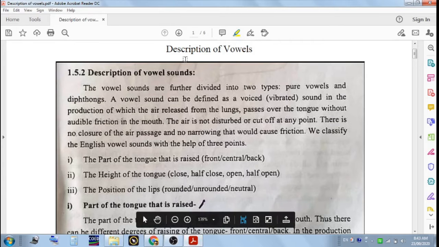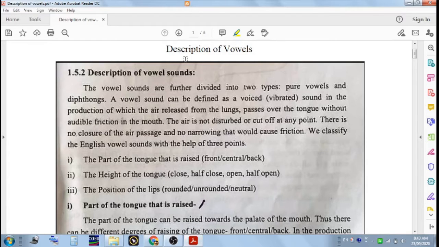Dear students, today I'm going to talk about the vowels. In my earlier videos, I explained to you that English speech sounds, total 44, are divided into vowels and consonants. We have studied consonants and we have come to know that there are three parameters used to categorize the consonants.